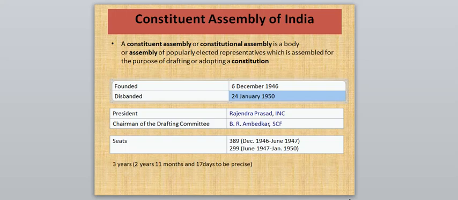Now the president of this Constitution Assembly was Rajendra Prasad, from the Indian National Congress. We all know he was the first president of India, but before that, he was also the President of the Constitution Assembly.